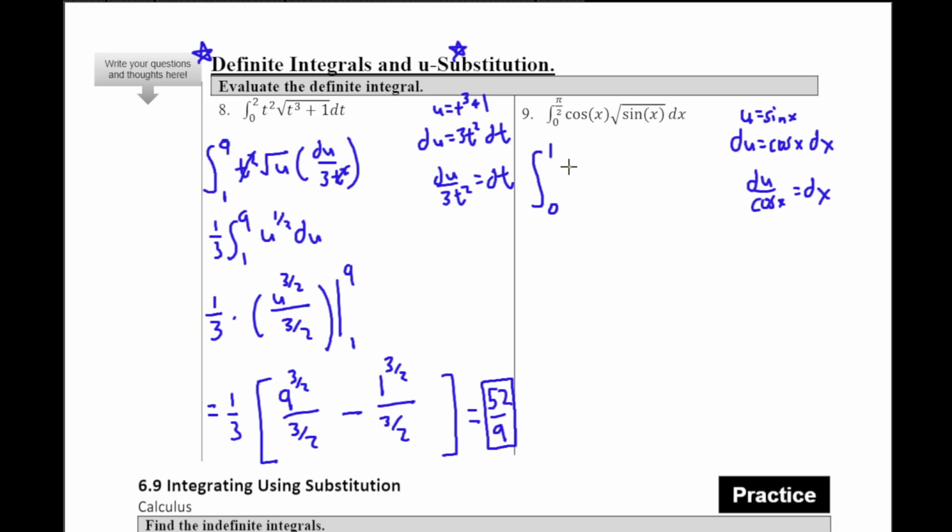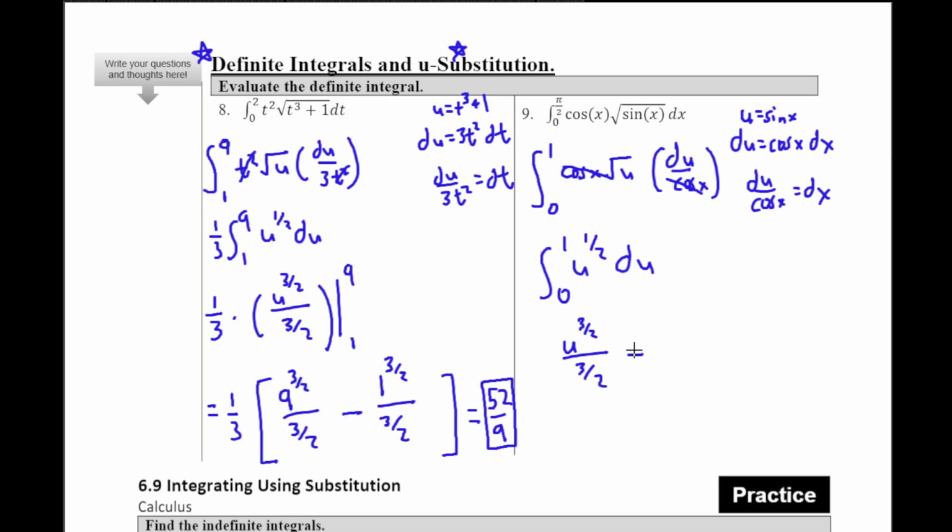So we have our cosine x square root of u, and then dx is du over cosine of x. The cosine x and cosine x cross out, so it's the integral from 0 to 1 of u to the 1/2, because square root of u is u to the 1/2, du. Now that's just u to the 1/2 plus 1, which is 3/2, over 3/2. Oops, and there's not a plus c because this is a definite integral.